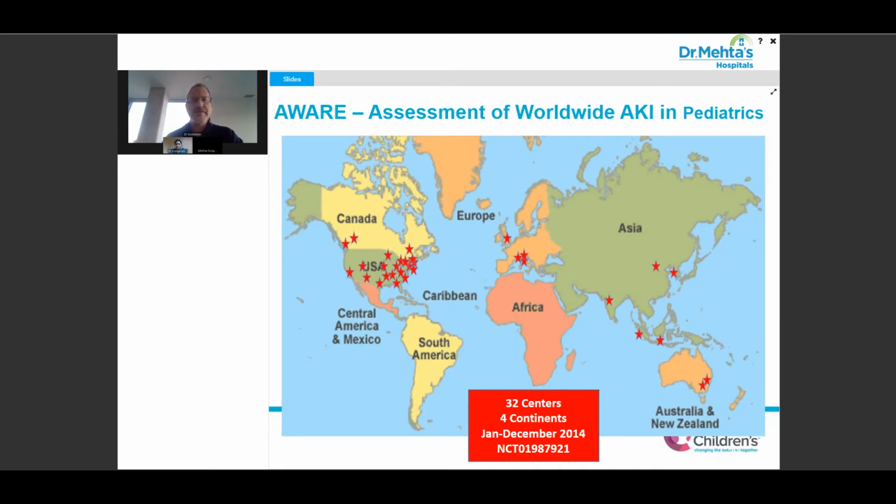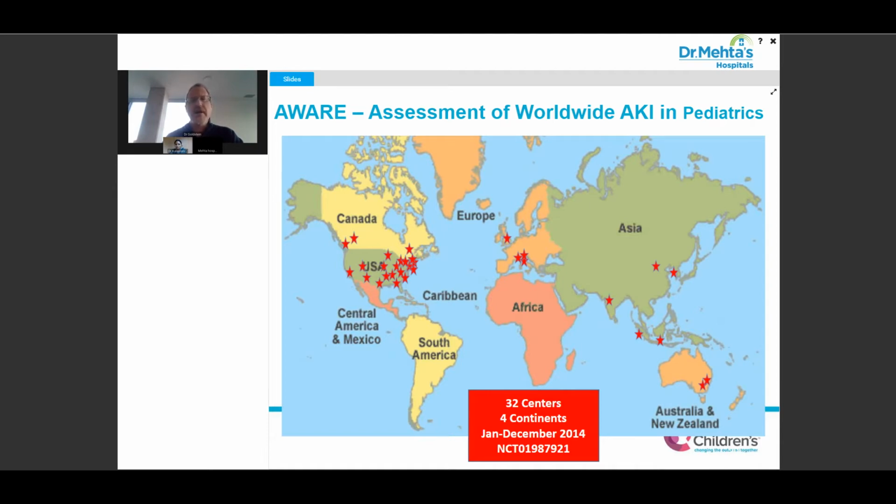Now, clearly you can see from this map that there is an overpreponderance of North American centers, but we do have data from Europe as well as Asia and Australia, New Zealand. We were unable to recruit any centers from South America or Africa, so it is important to note the predominance of North American centers.